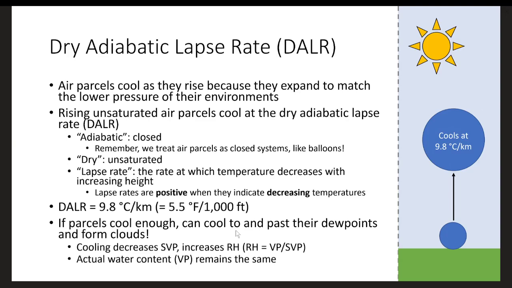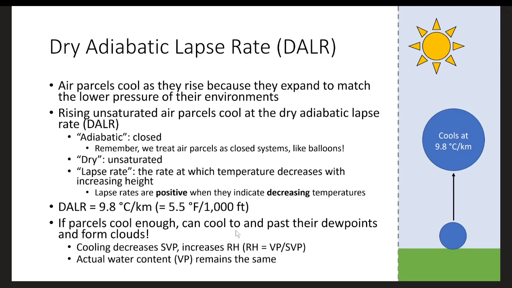So, air parcels cool as they rise because they expand to match the lower pressure of their environments. We talked about this. So, rising unsaturated air parcels cool following the dry adiabatic lapse rate, the DALR. Adiabatic means closed, so we treat the air parcel like a closed system. The only way it's going to cool and warm is if you change the volume of it, which will change the density of it.